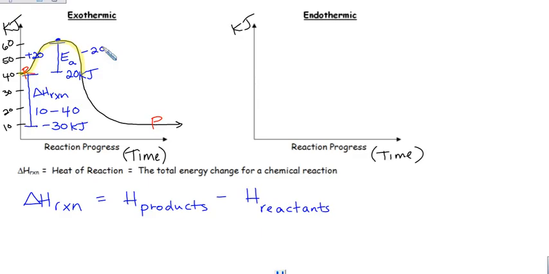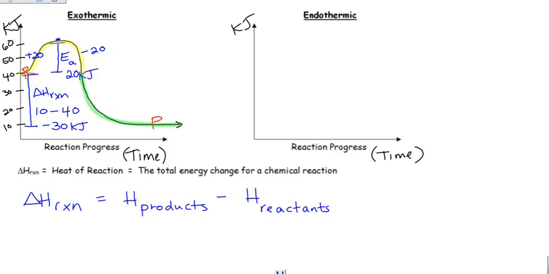The heat of reaction is really the net change, not including the activation energy. Yes, I added 20 kilojoules to get it started, which is very important, but I'm going to get that back along with this. Then I'll also get a net release of another 30 kilojoules.